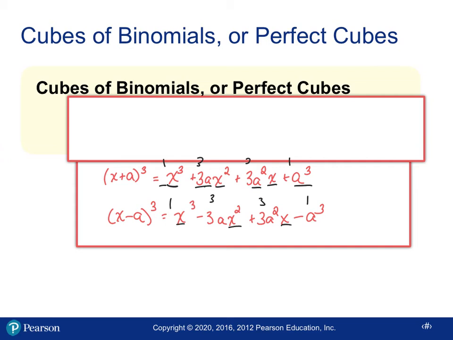Exponents of the x terms decrease, the a terms increase, and the signs change though in this one because of the negative. That's one way to remember it. I personally also like this if I had to do factoring, because I feel like the factoring isn't so obvious when it's in this form, but if you remember the rule, it does become obvious. So I recommend making a little study guide on the side of all formulas and all rules to remember, and this should be there.